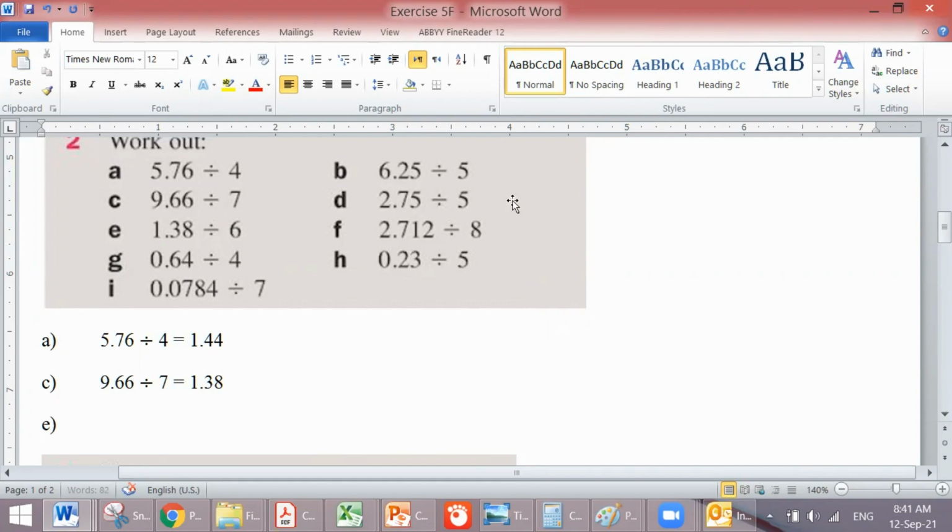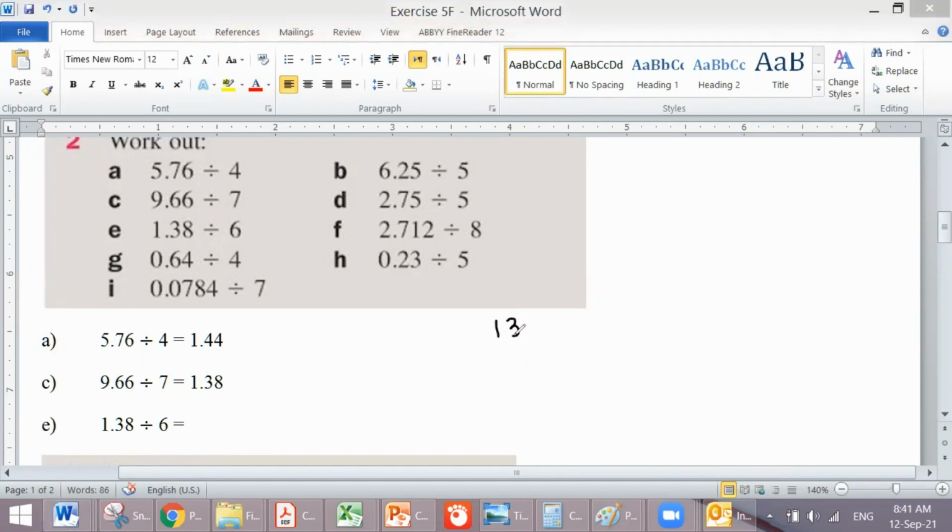This is part E, and this one is 1.38 divided by 6. I have to solve it first. For now, I will write it without the decimal point. 138 divided by 6.